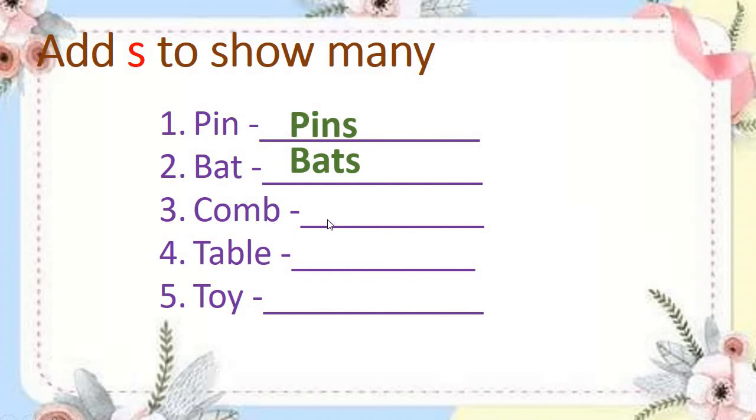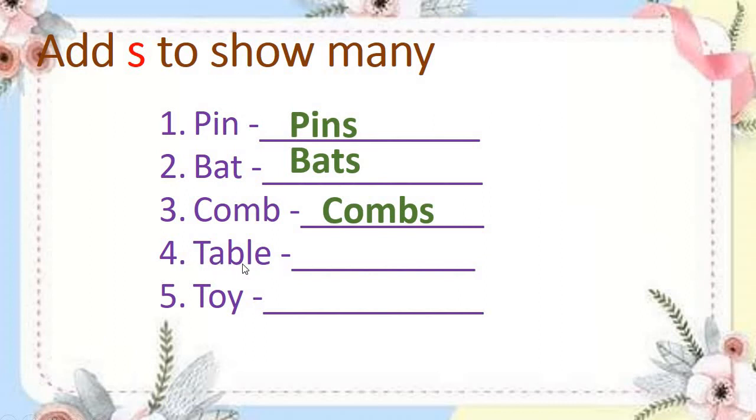But if there are many combs, we have to add S to this word. Understood? You all know this. See what the spelling will be now? C-O-M-B-S, combs. Comb, combs.